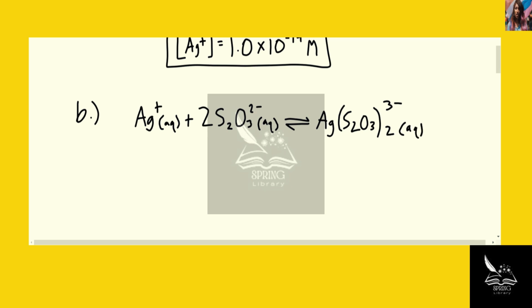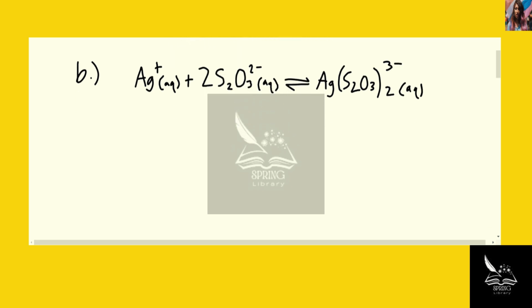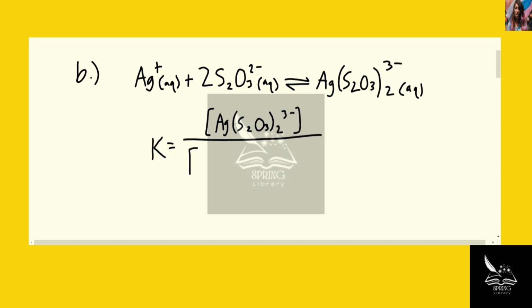And we know that for any equilibrium constant expression, we can write this out from the aqueous species, and all of them are aqueous in this case. That's equal to the concentration of Ag(S2O3)2 3- divided by the concentration of Ag+ times the concentration of S2O3 2- squared.